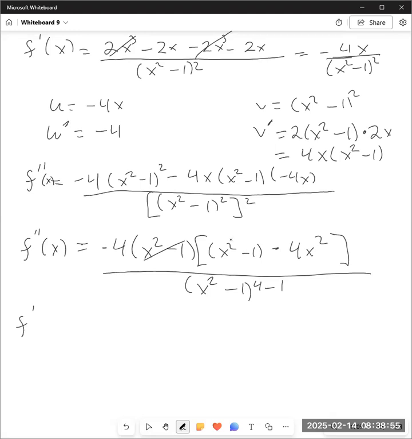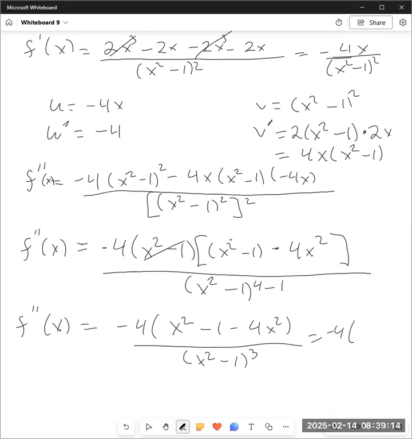When I divide like bases, I subtract the exponents. This turns into f double prime of x is equal to negative 4 times x squared minus 1 minus 4x squared, over x squared minus 1 to the third, which is a negative 4 times a negative 3x squared minus 1 over x squared minus 1 to the third.